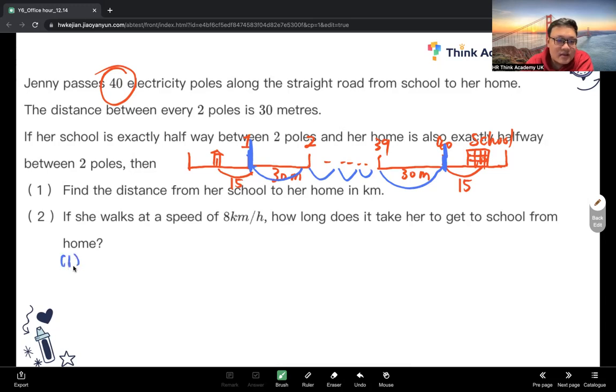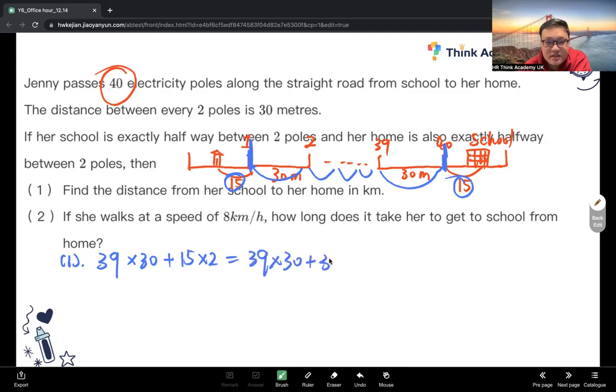So to solve the first one, you take 39 intervals times 30 meters for each interval. And you need to add 15 and 15, these 2 extra parts, so that will be 15 times 2. Now you can do the calculation, which is 39 times 30 plus 30.